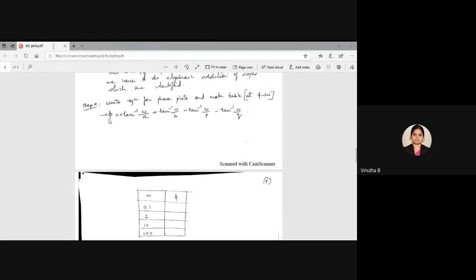Phi is given by plus tan inverse of omega by a, plus tan inverse omega by b, minus tan inverse omega by p, minus tan inverse omega by q. The negative signs are for the poles which are in the denominator, and the two positive signs are for the zeros which are present in the numerator.